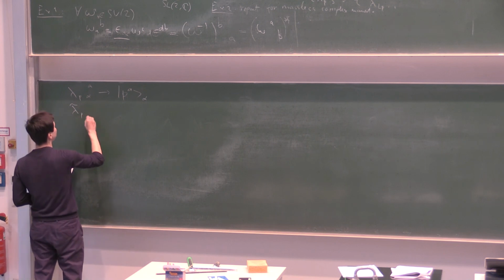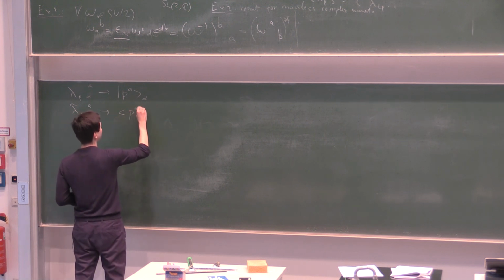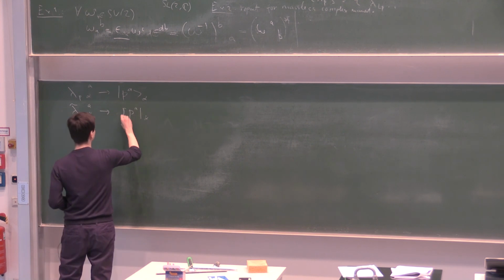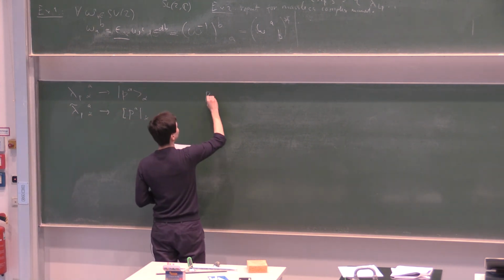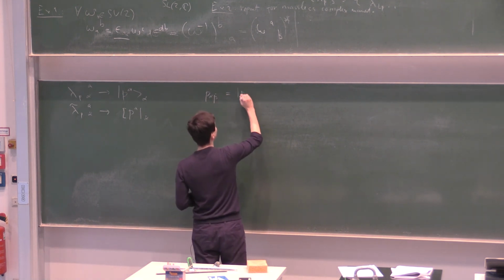So for this one, A alpha dot, this will naturally be PA alpha dot, square bracket. In this way, I want to be able to write things like this.